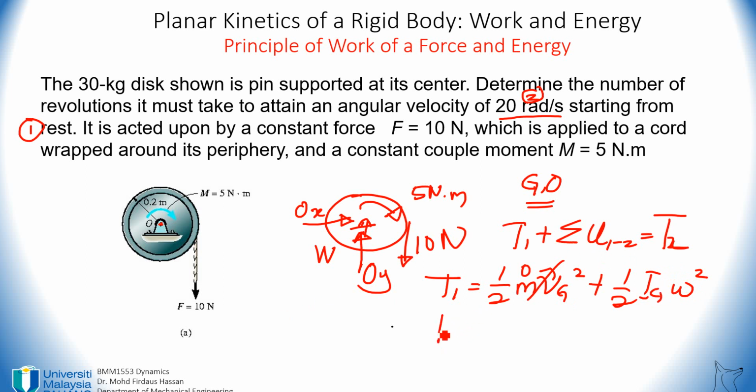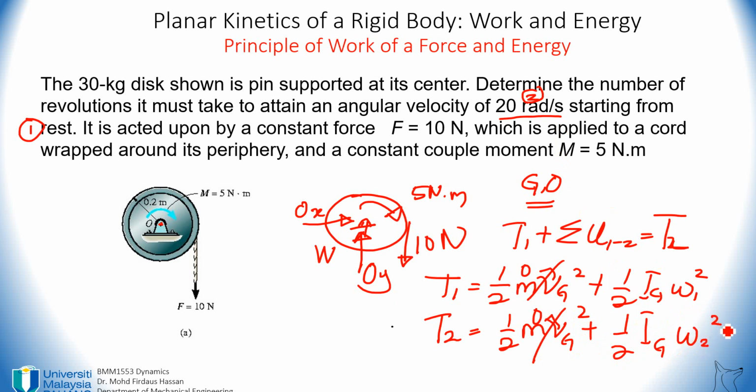Similarly, T2 is half m vG squared, so this one is 0. Do we have this element? Yes, because it achieves omega of 20 radian per second. But at 1, it starts from rest, so omega 1 is also 0.